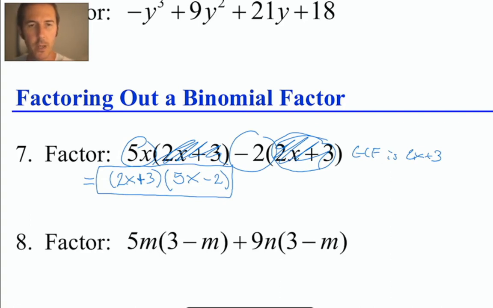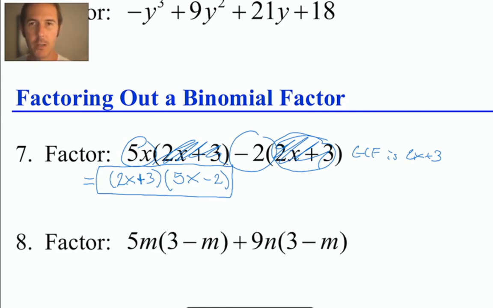And interesting, this looks like a binomial times a binomial. This looks like the kind of thing that you would FOIL. And it is the kind of thing that you would FOIL. But the reverse of the foiling process, the reverse of the distributing process, has this task of factoring out a binomial as part of it.